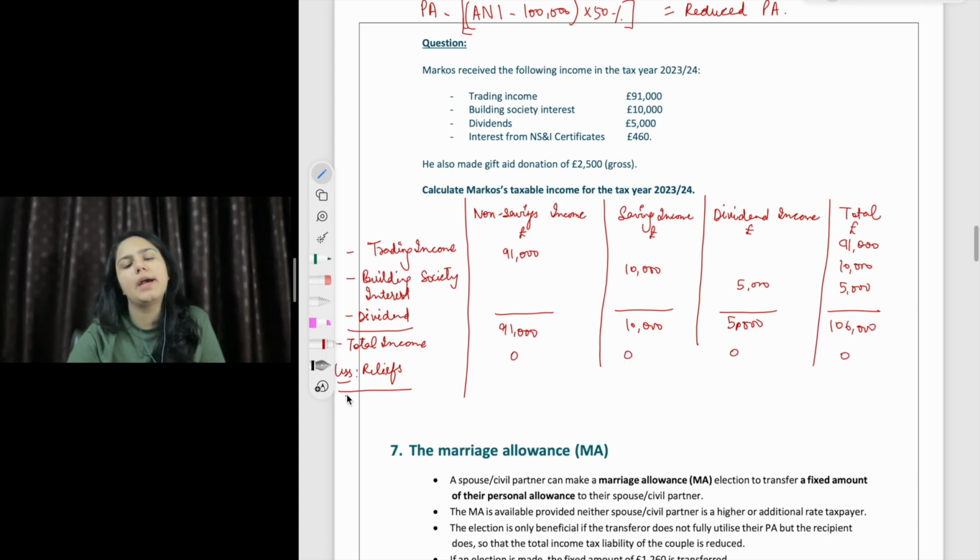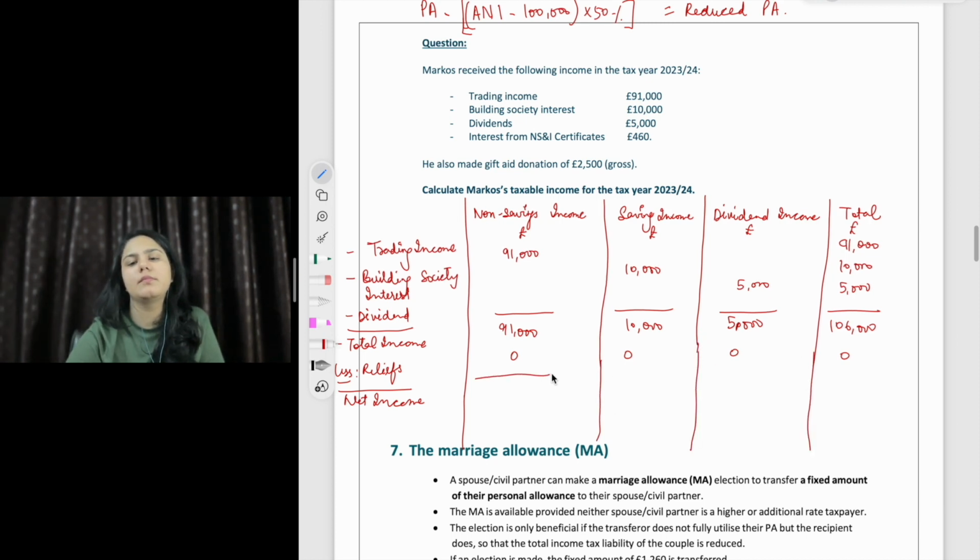So my net income is the same as my total income. But here you need to look at one thing: your net income is greater than £100,000. So we need to calculate adjusted net income to see whether my personal allowance will be reduced or not.